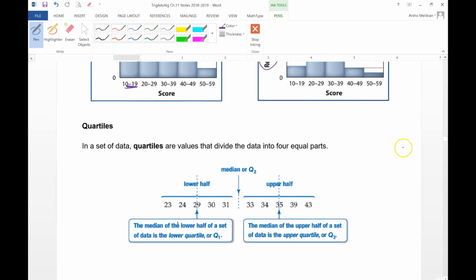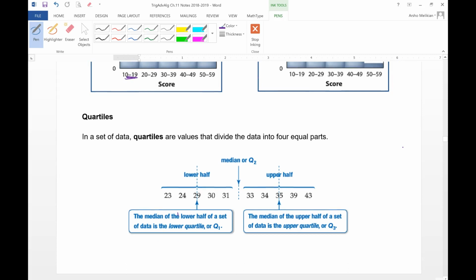One other thing we're going to talk about is quartiles. When you hear the word quartile, what number comes to mind? 4, like quarters. So quartiles are when you divide a set of data into 4 equal parts.